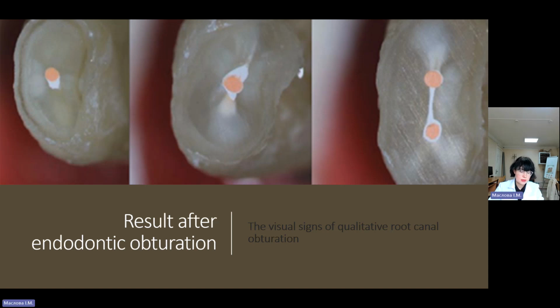It's 0.5 millimeters from the apex. It is 1.5 millimeters from the apex, and it is 3 millimeters from the apex. You can see homogeneous and hermetic obturation.